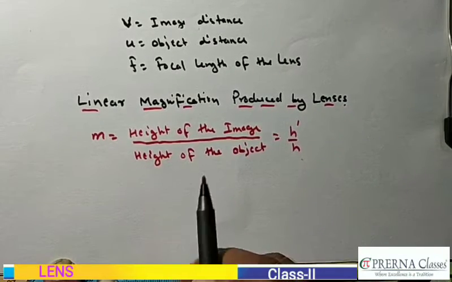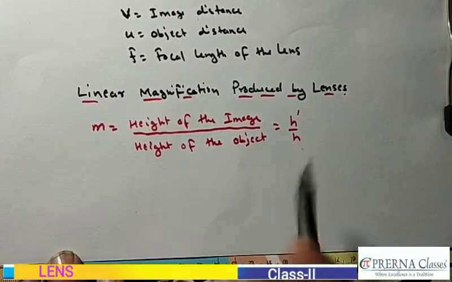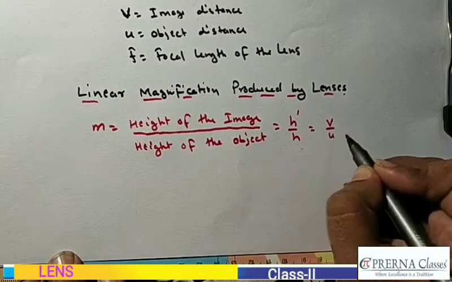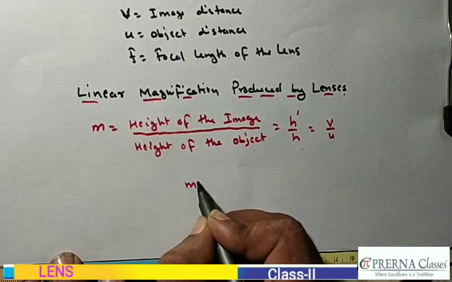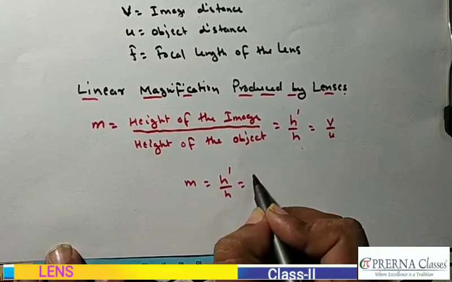Okay, linear magnification is defined as the ratio of height of the image to the height of the object, and this comes out to be v by u. So simply we can say m equals h dash by h equals v by u.